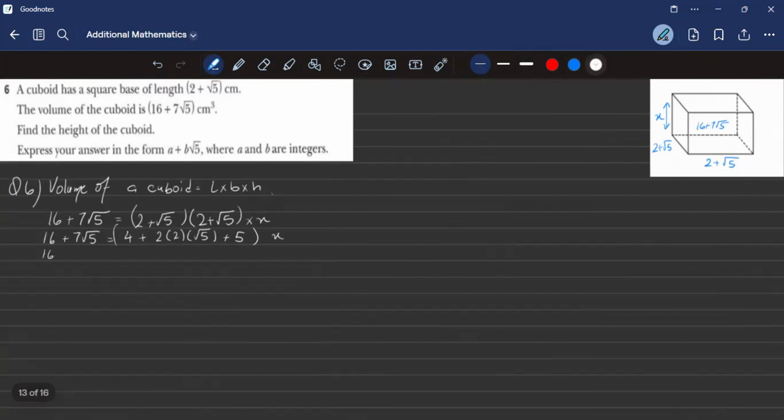Simplify this. 16 plus 7 under root 5 is equal to 4 plus 5 is 9. Oh, wait a second. 9 plus 4 under root 5, multiplied by x.